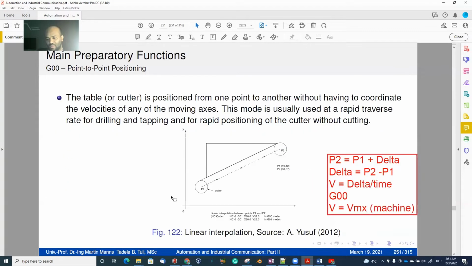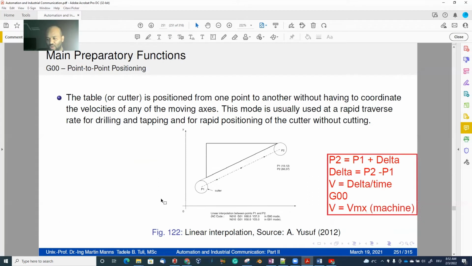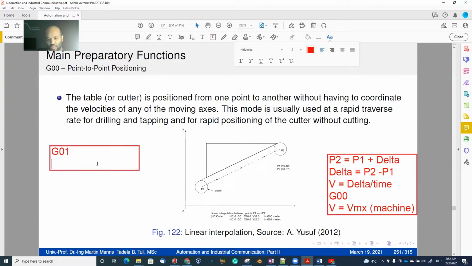But it comes to require a speed adjustment or adaptation when you have to talk about G01. So in the situation of G01, it is the same thing, but the velocity is not the maximum velocity. It is a controlled velocity, okay? It has to be a controlled velocity.